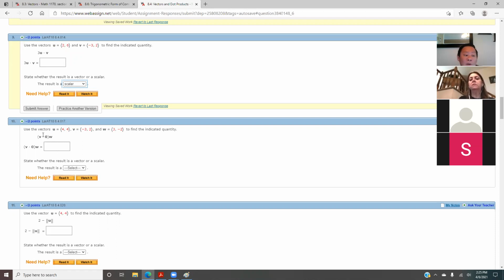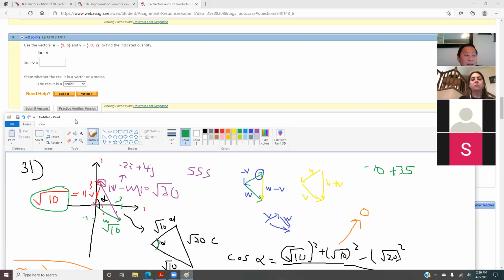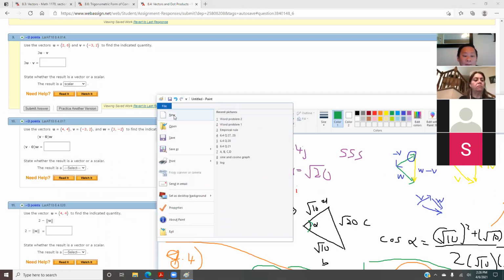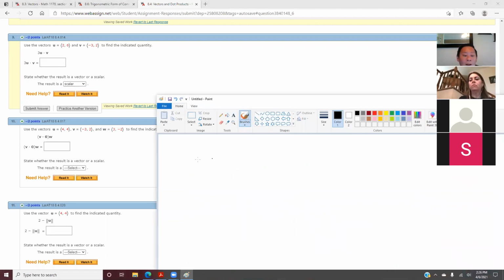And do you know what happens when you take a 0 multiplied with a w vector? So does anyone know what happens? You get 0, or you get the vector 0, 0. So my question is, will you get 0 as a scalar or 0, 0 as a vector?